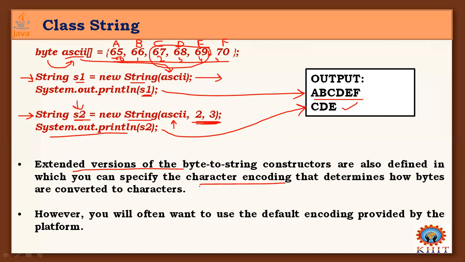So byte-to-character constructors are available, and in the same way the extended versions with a character encoding that converts bytes to a string are also available. Next, you will often want to use the default encoding provided by the platform where you are currently working with this application. That platform provides you the default encoding process.